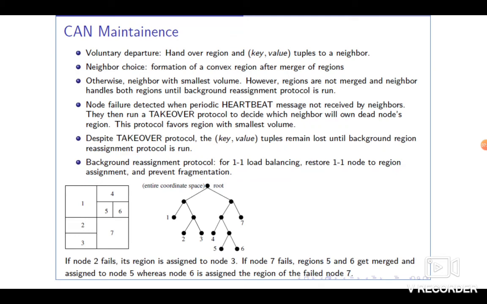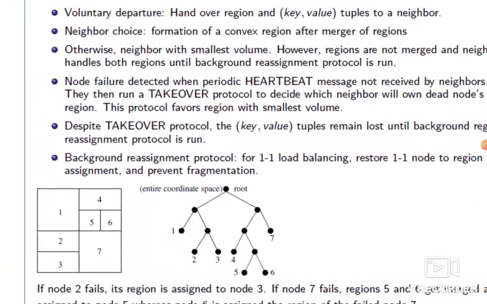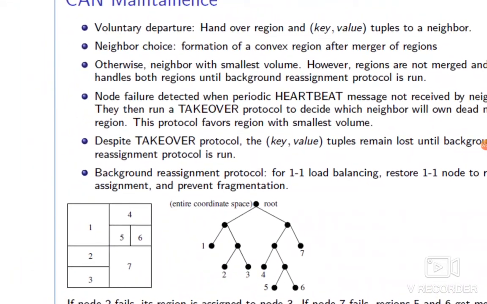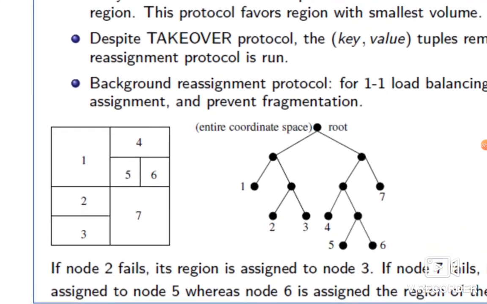The final topic is CAN maintenance. If a node voluntarily leaves the network, it must hand over its region and key-value tuples to a neighbor. The neighbor either merges the region, or otherwise goes with some other solution.